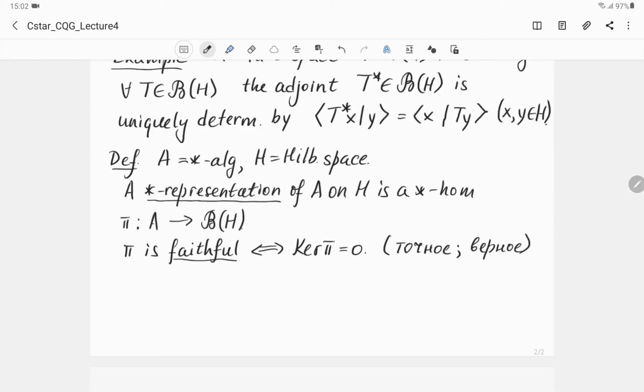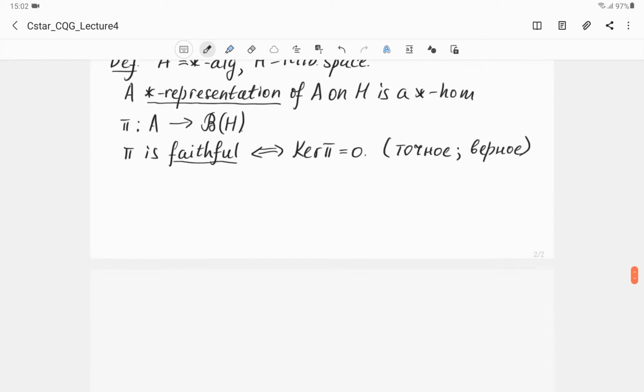Okay, one more example of a non-commutative C-star algebra. Again, if H is a Hilbert space, then the set of all compact operators on H, we know that it's a closed two-sided ideal in B(H). But we also know that the adjoint of each compact operator is also compact.